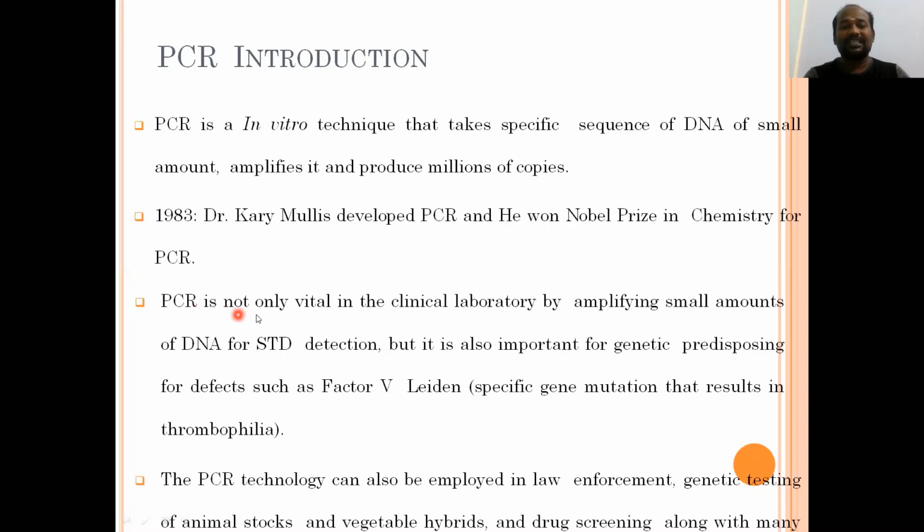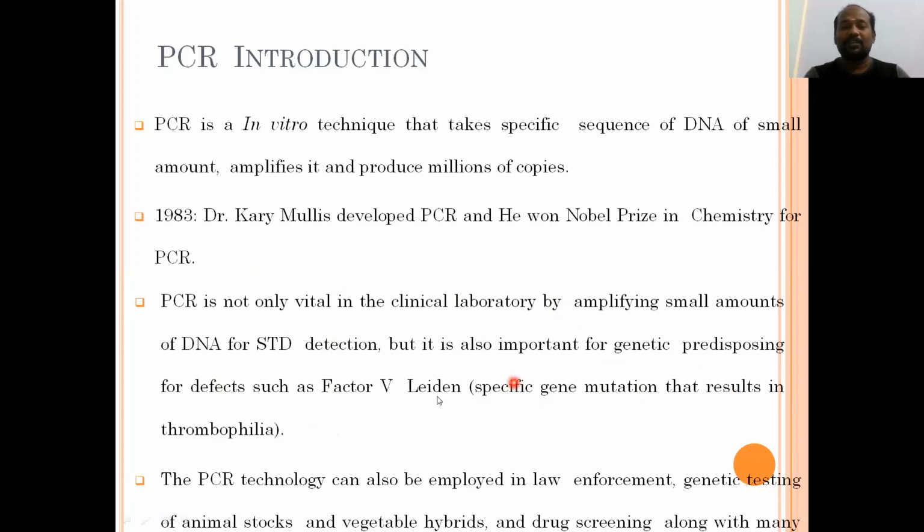PCR is widely used in medical sciences for detecting many sexually transmitted diseases, including HIV, gonorrhea, chlamydia infection, etc. Not only sexually transmitted diseases, it is also important for genetic predisposition to defects such as factor V Leiden, a clotting factor gene mutation that results in thrombophilia.